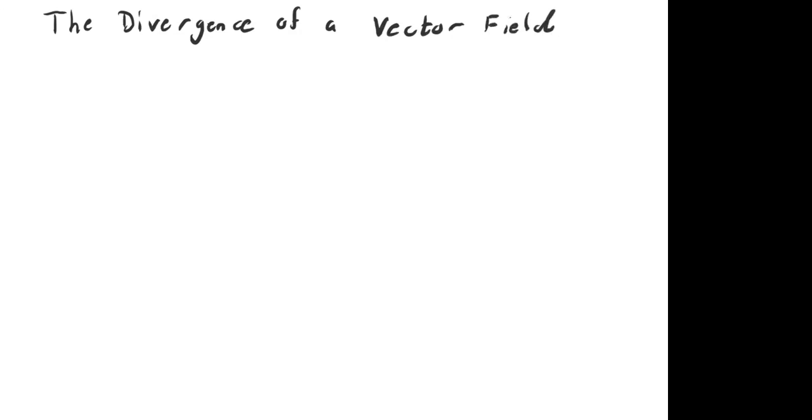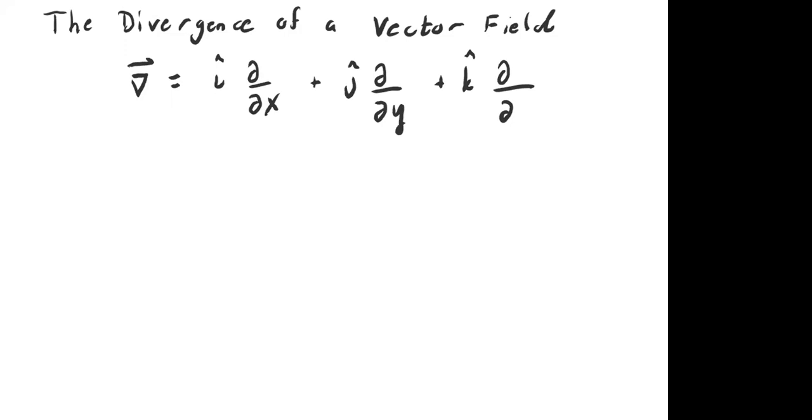Remember, how do you calculate the divergence of a vector field? Well, first things first, remember del, it is a vector operator: i hat, partial of something with respect to x, j hat, partial of something with respect to y, k hat, partial of something with respect to z. Del is my vector operator, and it's looking for something to act on.